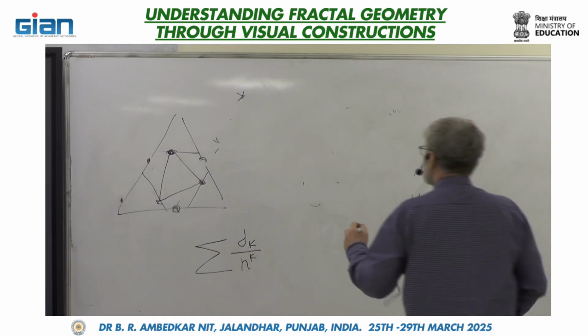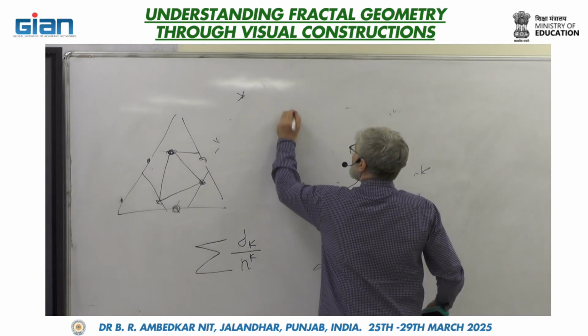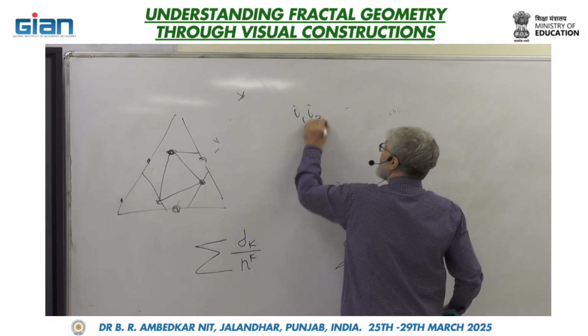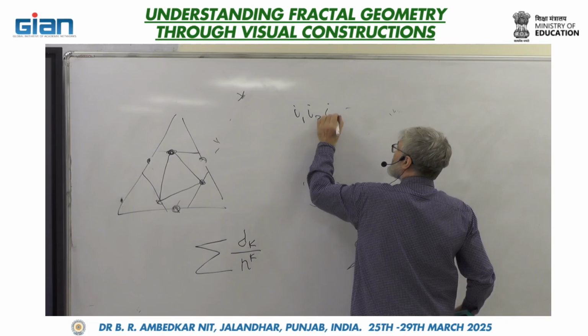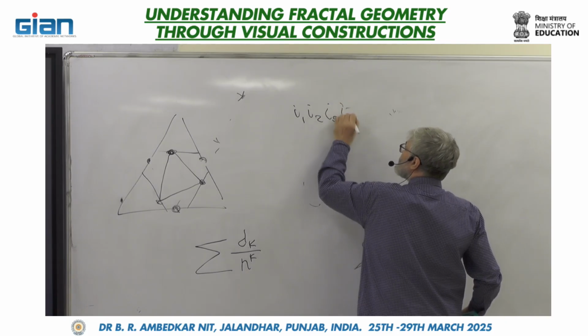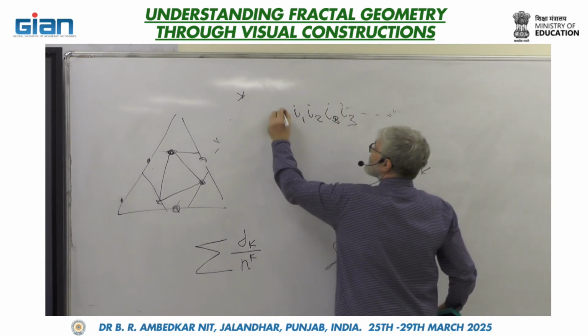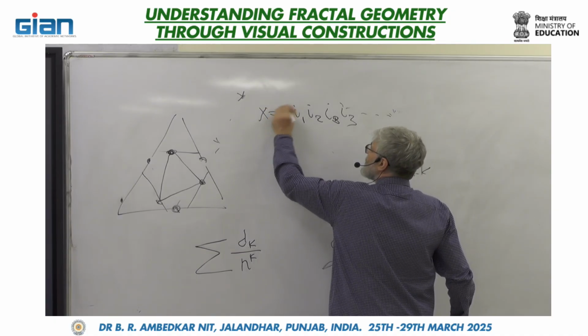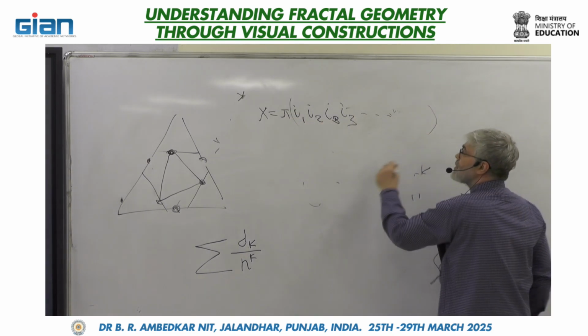So a point has address i1, i2, i3, i4, etc. X is the image of this sequence.